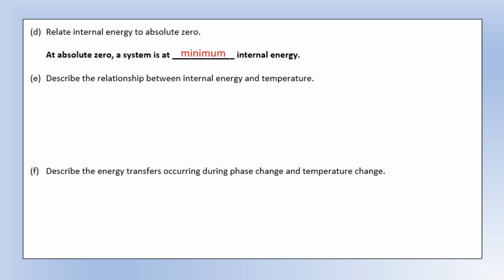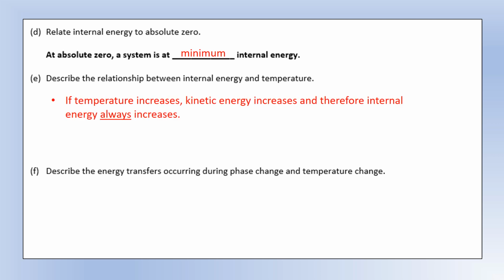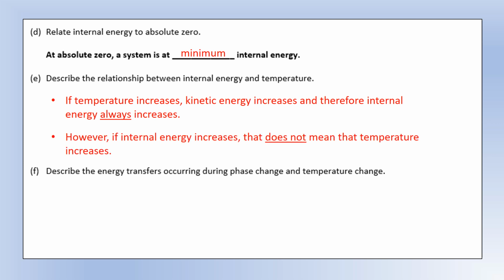And there's quite a nice relationship between internal energy and temperature, especially with gases. But as a general rule of thumb, if you increase the temperature of a material, you're going to increase its kinetic energy, and so you're going to increase its internal energy. But it doesn't necessarily work the same way. You can increase the internal energy without increasing the temperature. So it works one way, but not the other.